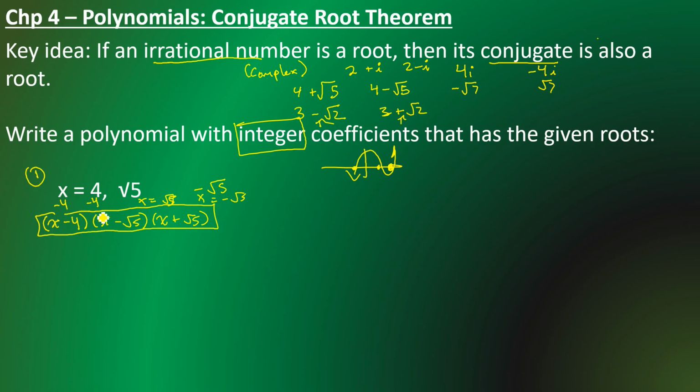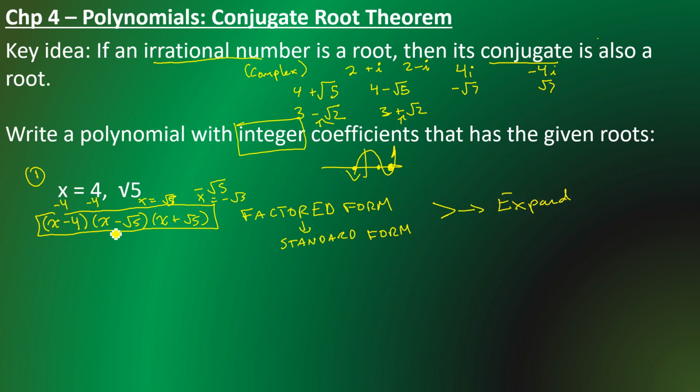Now, that's not in standard form. This is called factored form. I want to get this down to what's called standard form, which is generally how we write a polynomial. And in order to get it down to standard form, I'm going to have to do the keyword expand.